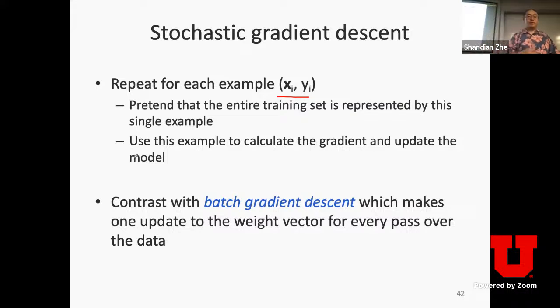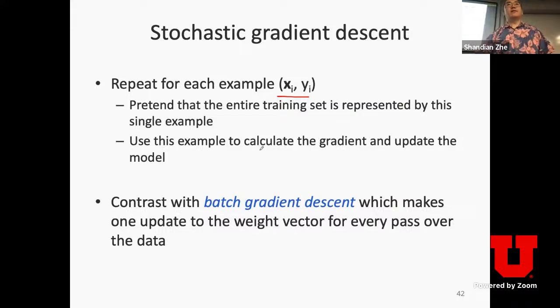You can imagine that if we do this, the gradient we computed is no longer the exact gradient over the entire data set. It will be a very, very rough approximation to the exact gradient. But the benefit is you can make millions of updates when you pass over the entire data set.